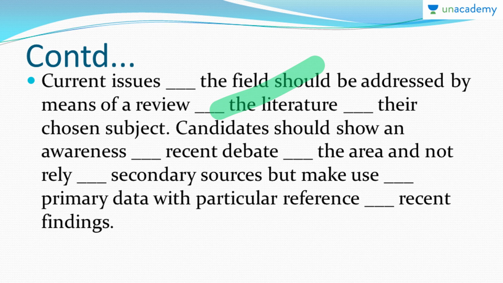So the entire statement will read: current issues in the field should be addressed by means of a review of the literature on their chosen subject. Here we will have in, then of, and here we will have on.